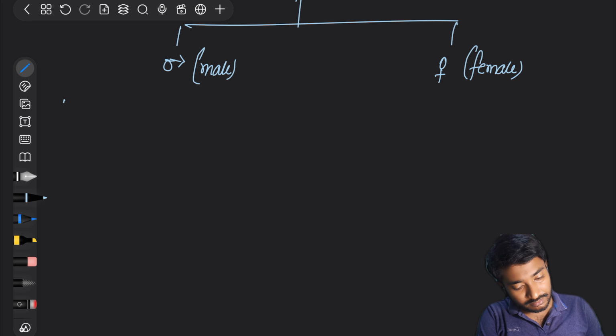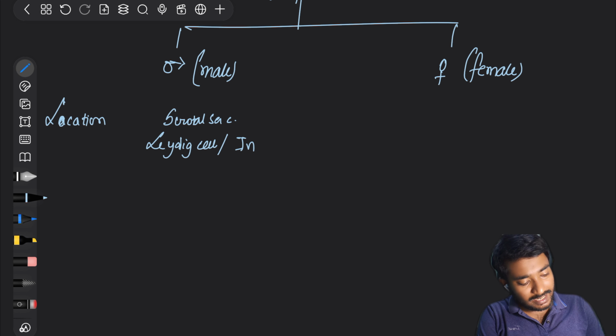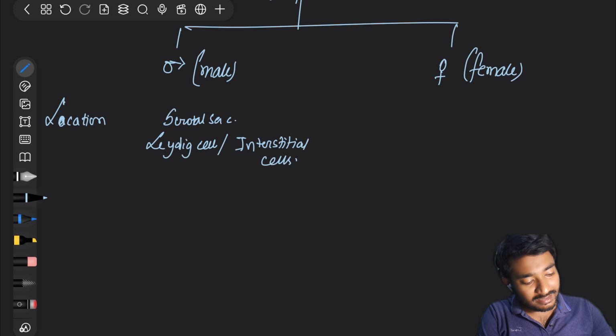Location: in males, the scrotal sac, with Leydig cells or interstitial cells. In females, they are located in the ovarian follicles.